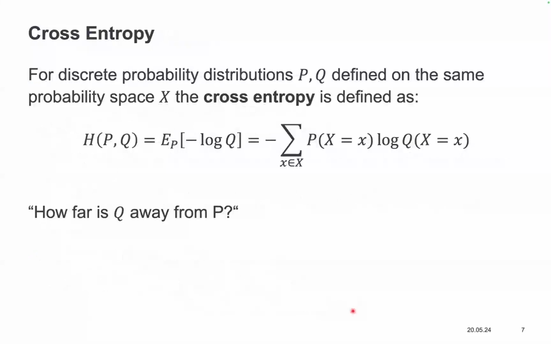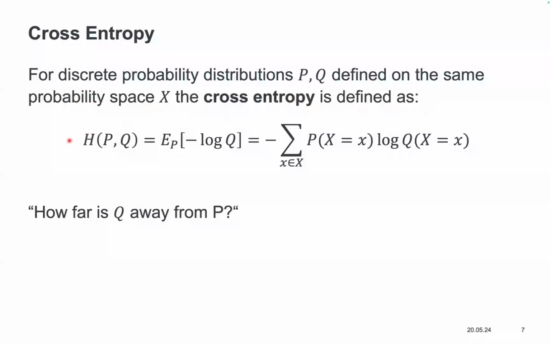Now, instead of entropy, we can also define cross entropy. So for discrete probability distributions P and Q, which may, for example, have different probabilities on the coin toss, it's important that these probability distributions work on the same probability space, on the same possible value assignments.